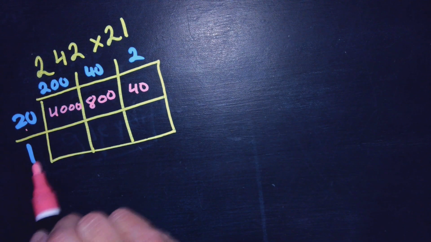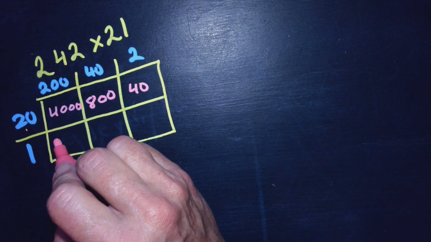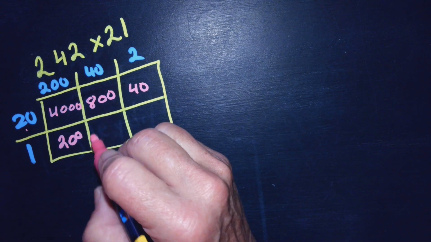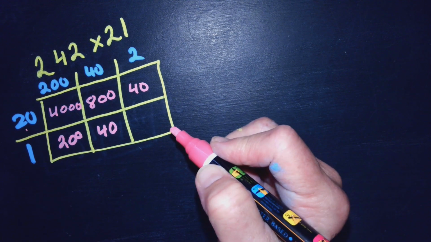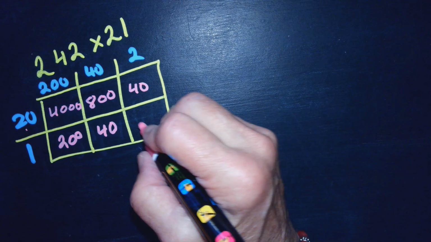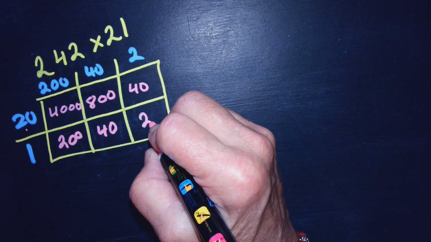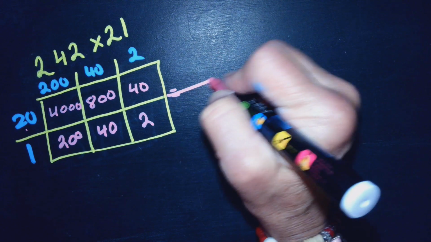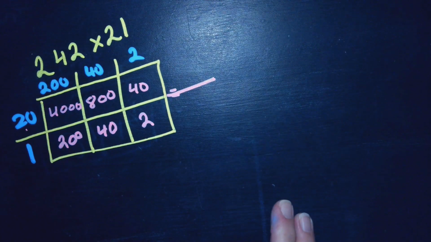Then we're going to get 1 times 200 is 200. 1 times 40 is 40. And 1 times 2 is 2. You can add them up this way, or you can just line them all up. It doesn't matter.